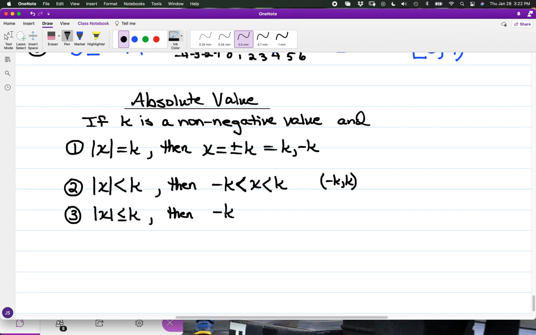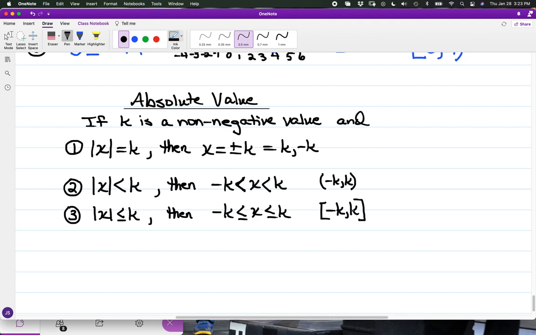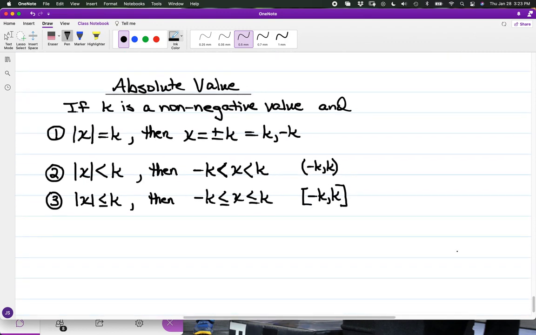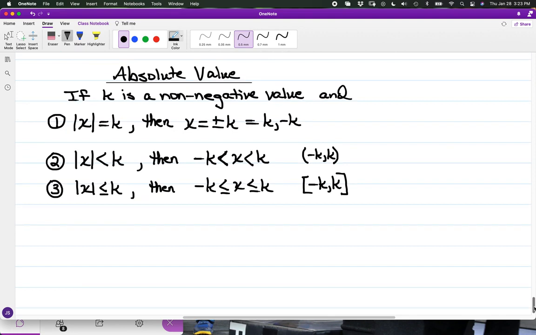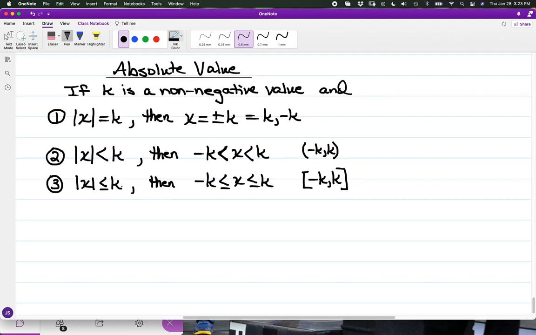So in this case, negative k is less than or equal to x, which in turn is less than or equal to k, and your interval notation would be brackets around negative and positive k. So you have pretty much the same mode of behavior whenever we have absolute value inequalities with less than or equal to k.